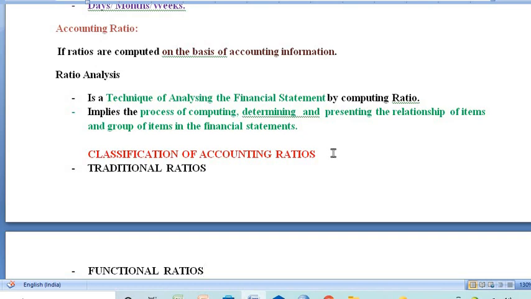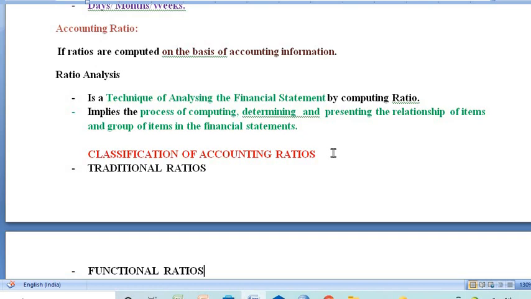So when the financial statement is analyzed by using a ratio tool, we call that ratio analysis. The steps we follow involve comparing two financial variables, and determining and presenting the relationship of items or groups of items presented in the financial statement.